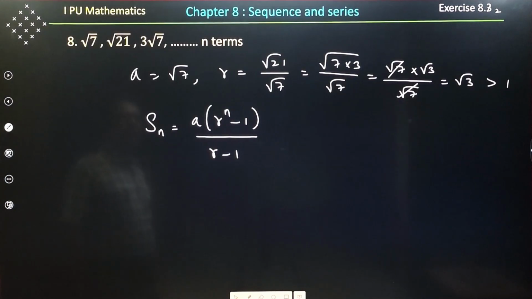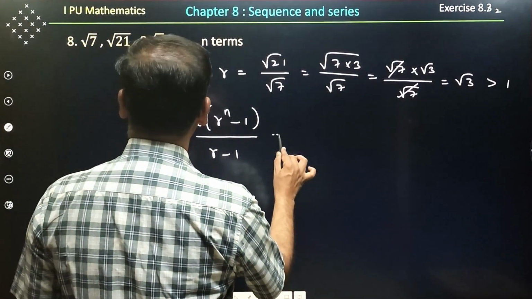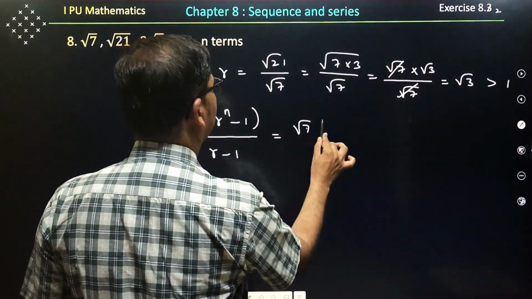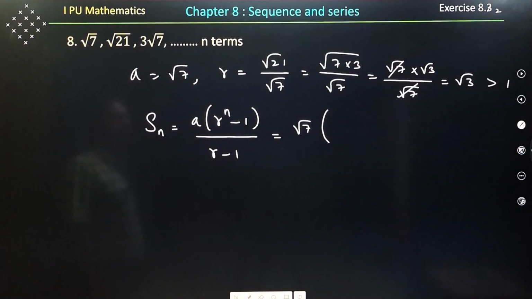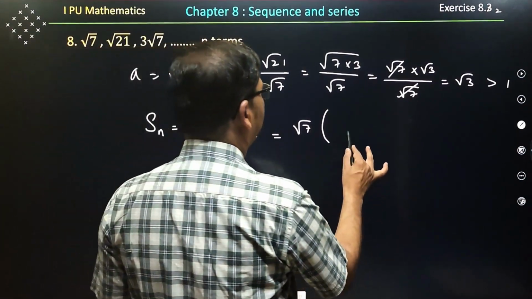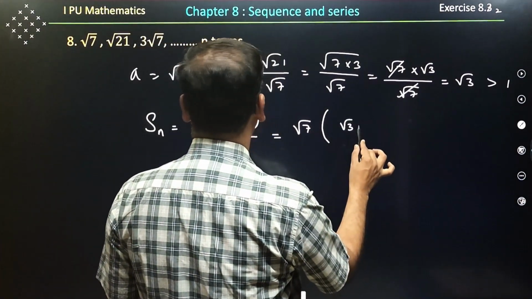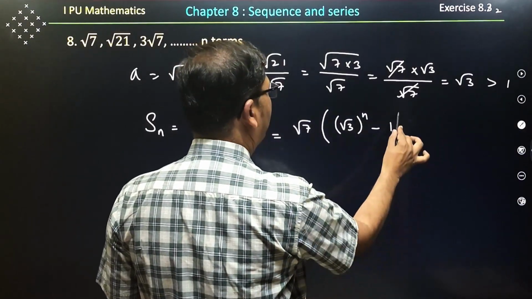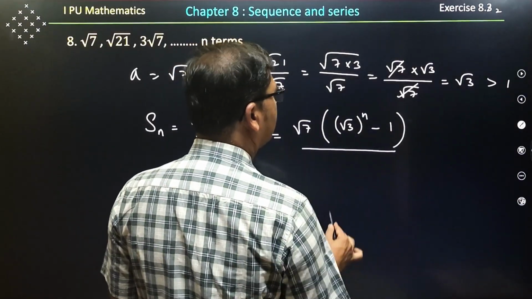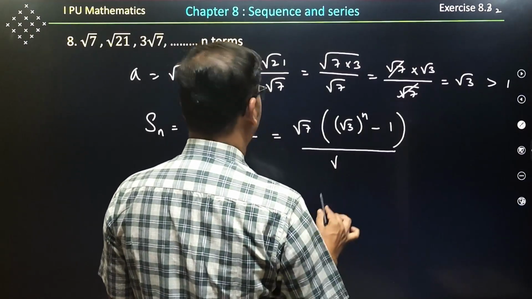Let us substitute the values. The value of a is root 7 you write here. Within the bracket, r value, small r value, root 3, root 3 to the power n minus 1 whole divided by r minus 1. That is, r is nothing but root 3, minus 1 here.